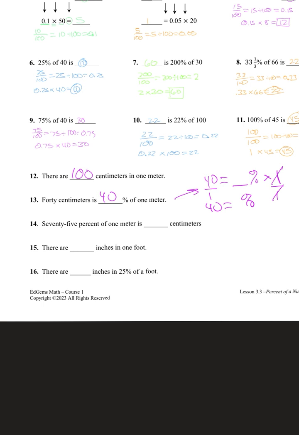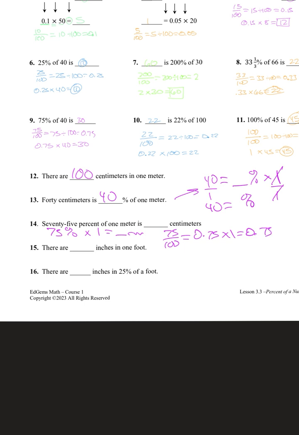Then number 14 gets kind of funky for us. So here we go. We got 75%, so I'm going to try to write this underneath it. So 75% of 1 meter is how many centimeters? So in this one, we've got a little bit of calculation to do. Just like before, 75% is the same thing as 75 over 100, which is the same thing as 0.75. And we're going to multiply that by 1, which is 0.75, right?